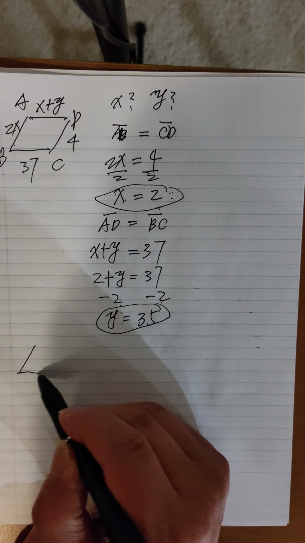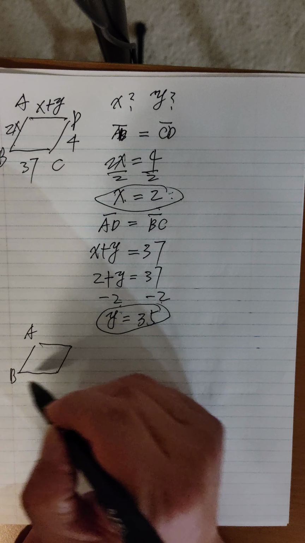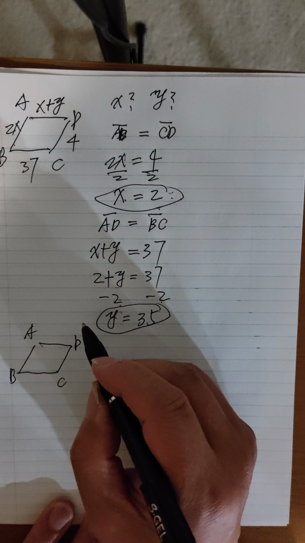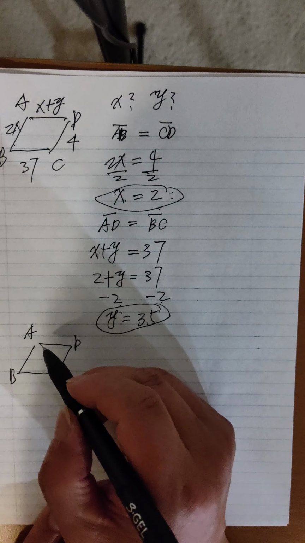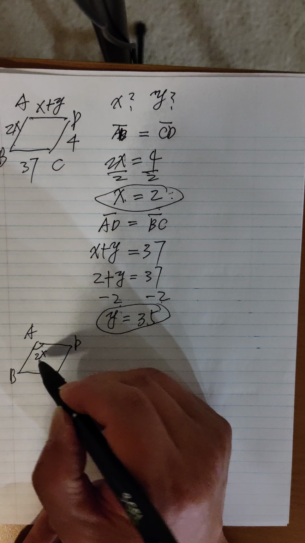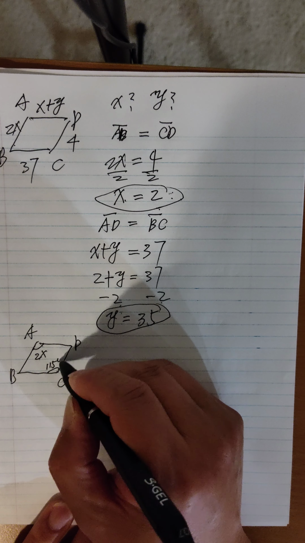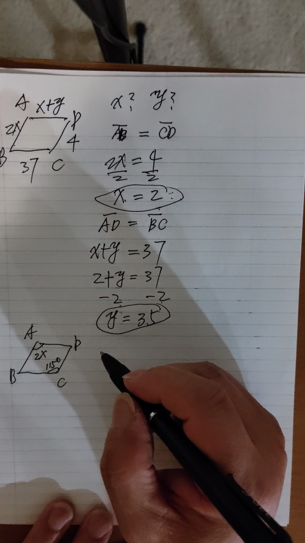Let me give you another example. So A, B, C, D. This time we're going to talk about angles. Okay. We know this angle right here is 2x. This angle right here is 115 degrees.